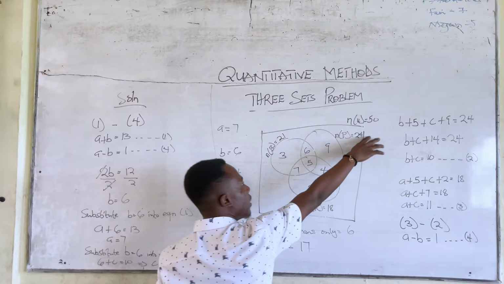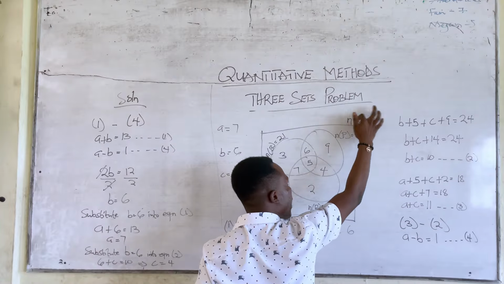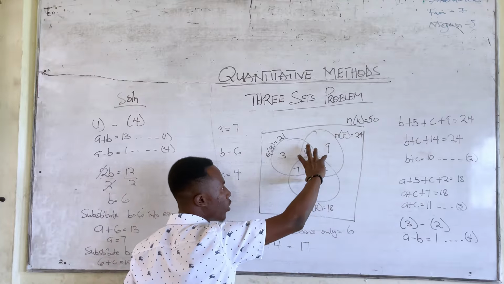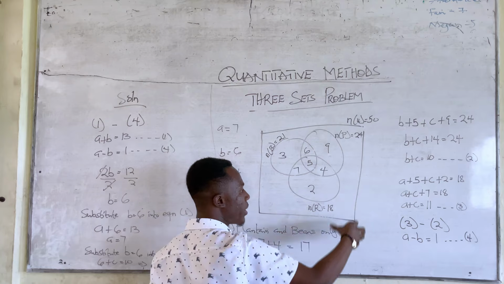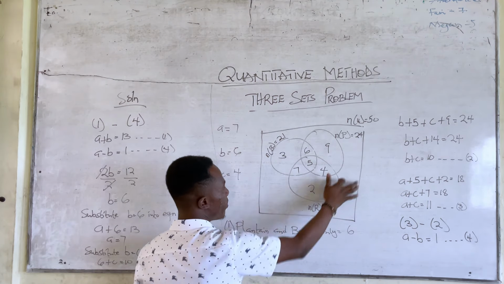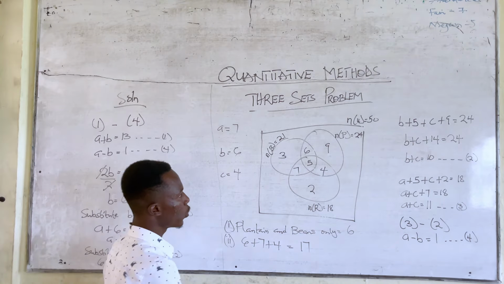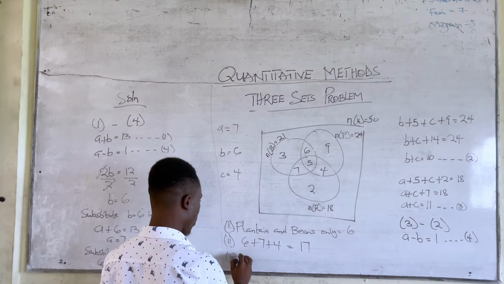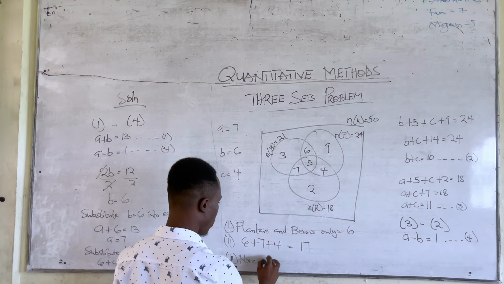It means the remaining, but the total officers were 50, and only 36 ate or took or chose the food, right? It means the remaining, where are they? So the remaining, they are going to be outside the circle. Any parts outside the circle. Okay. So we say the third one, none of the food.